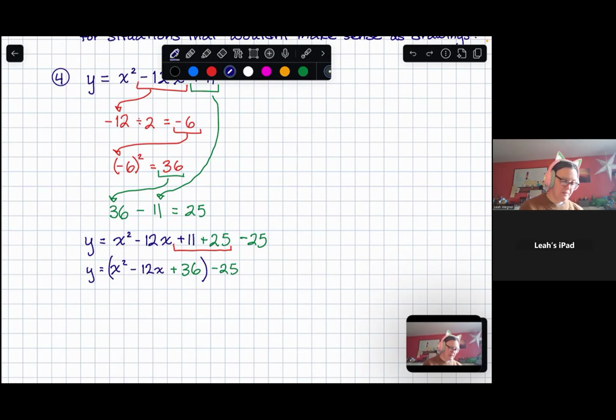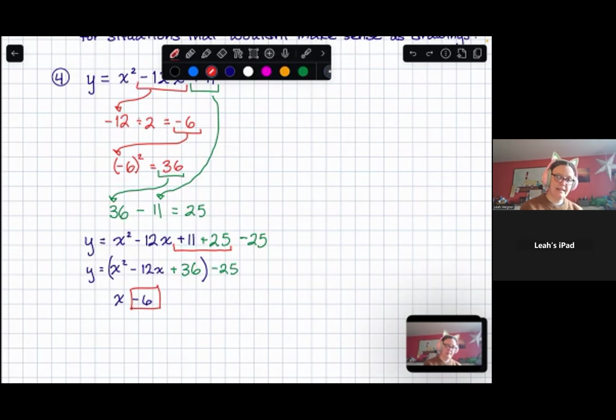Okay, so from here, we're going to write the square as a description, like the area of the square, as a descriptor of its two sides multiplied by themselves. So one side is going to have a length of x and a length of negative 6. This negative 6 is coming from right up here, that's half of the negative 12.